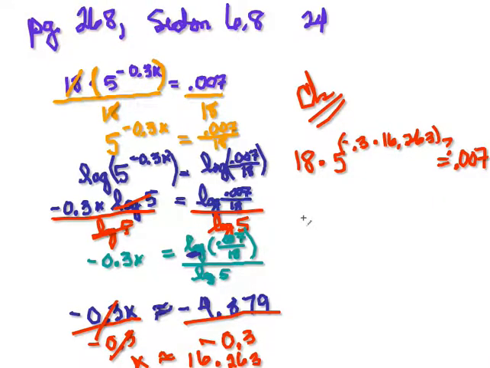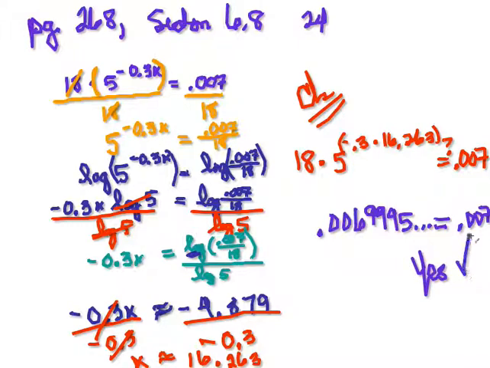On your calculator, you just take 18 times 5, raised to the power, and put all this in parentheses, -3/10 times 16.263. And on the left side I'm getting 0.006995, and it just keeps going. Is that equal to 7 thousandths? Well, definitely close enough. It rounds to that. And so we're going to say yes, that is a check.